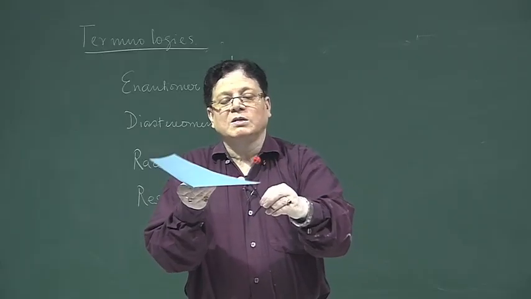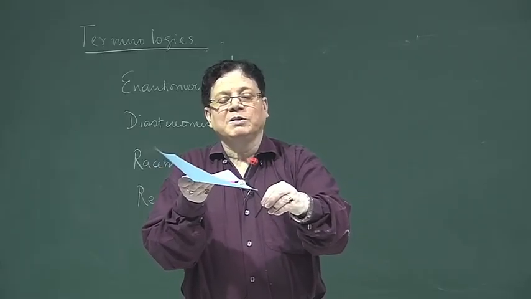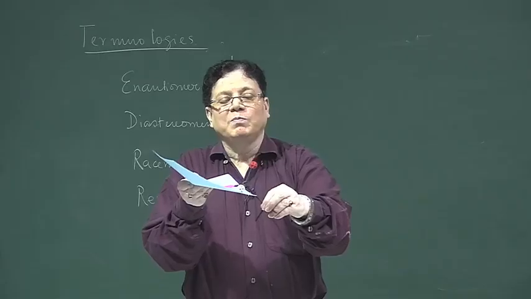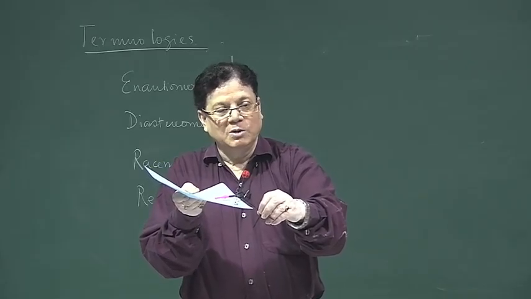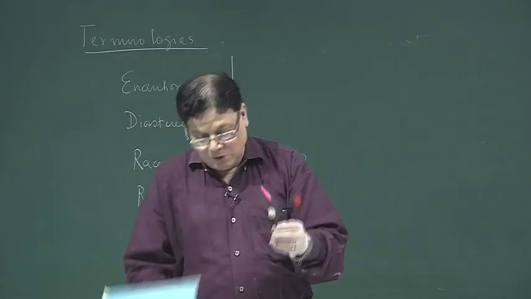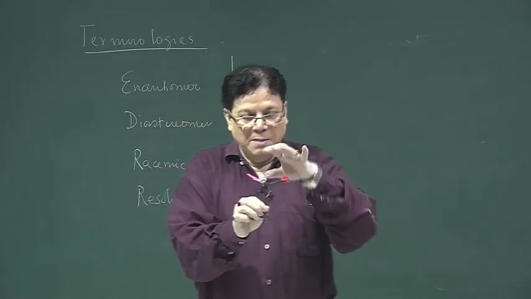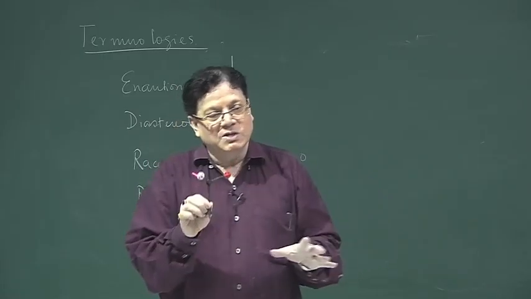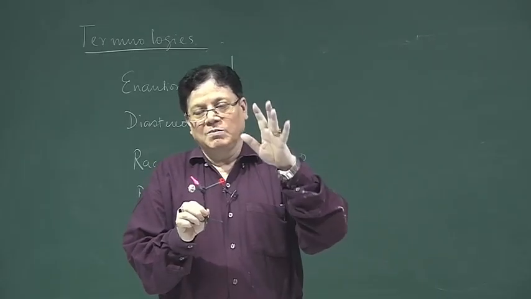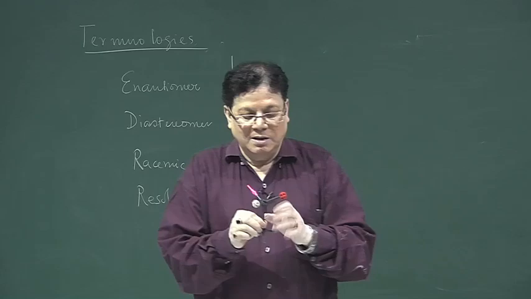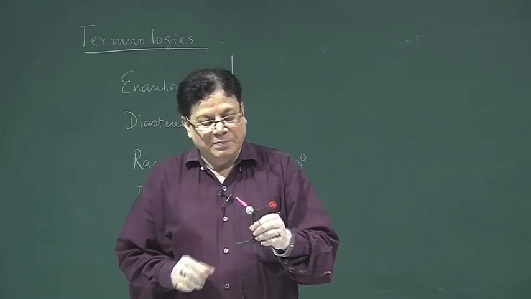If these 2 bonds are in a plane, then what happens to the other 2 bonds? One bond is above this plane, the other bond is below the plane. Okay. So, that is the first concept, that a maximum of 2 bonds can be placed in a plane. Then of the other 2 bonds, one is above the plane and the fourth bond is below the plane.